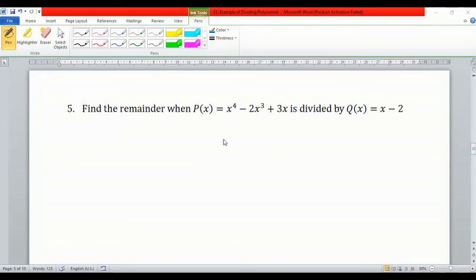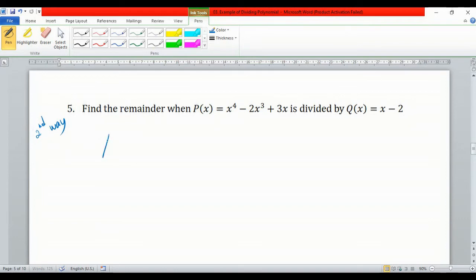Okay, find the remainder when p(x) equals x^4 minus 2x^3 plus 3x is divided by d(x) equals x minus 2. Actually, you can use two ways. The first, when you want to just find the remainder, we can use the second way from the previous example.